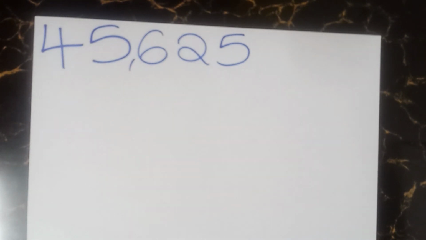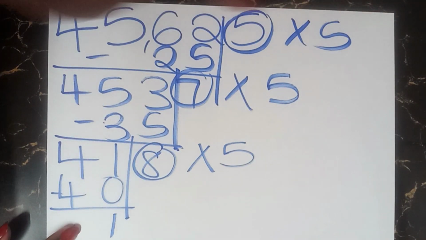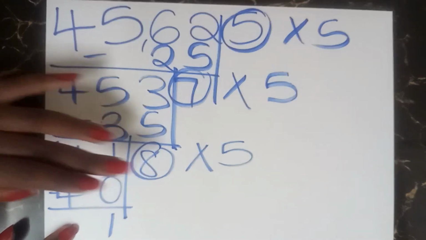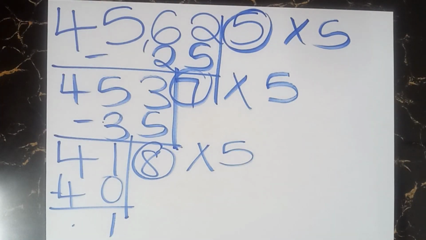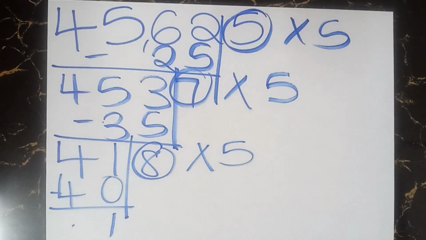So we multiply by 5, subtract, multiply by 5, subtract, multiply by 5, subtract. When you do this, you get 1. Is 1 a multiple of 17? When you divide 1 by 17, you'll definitely get a remainder.